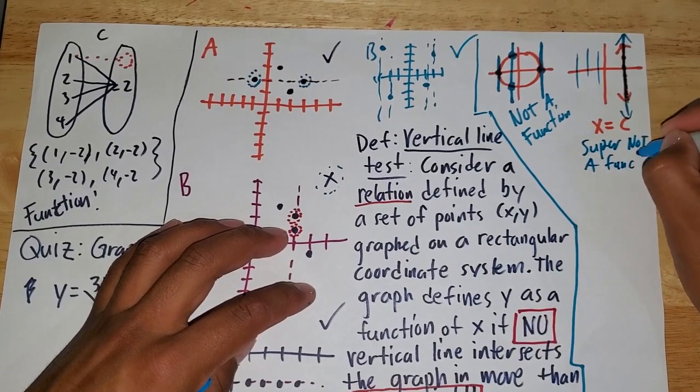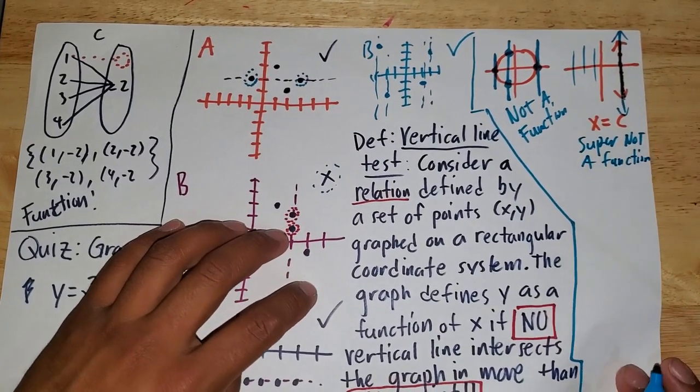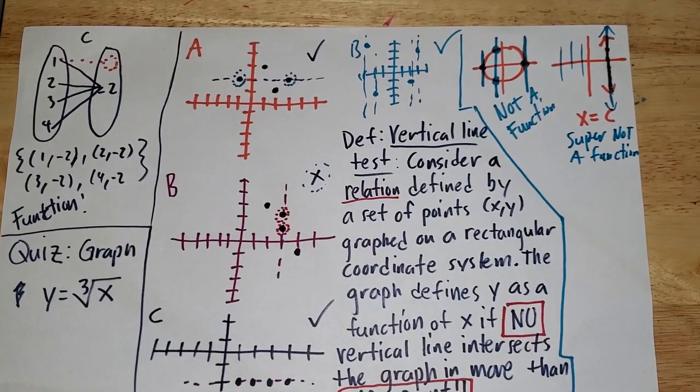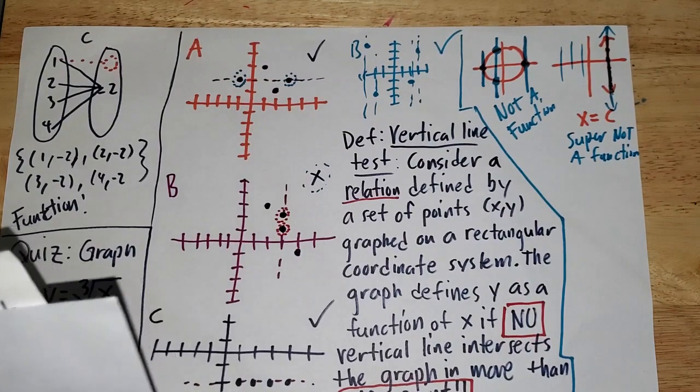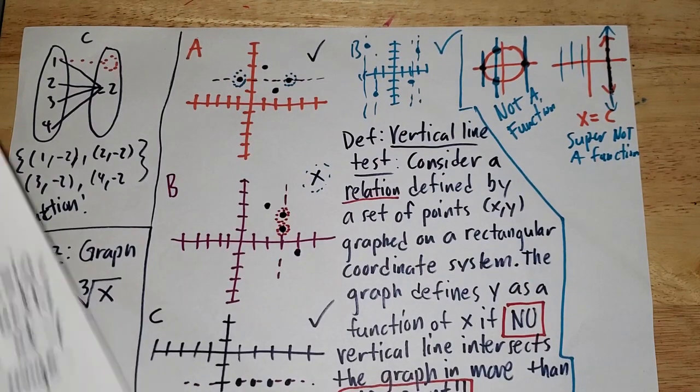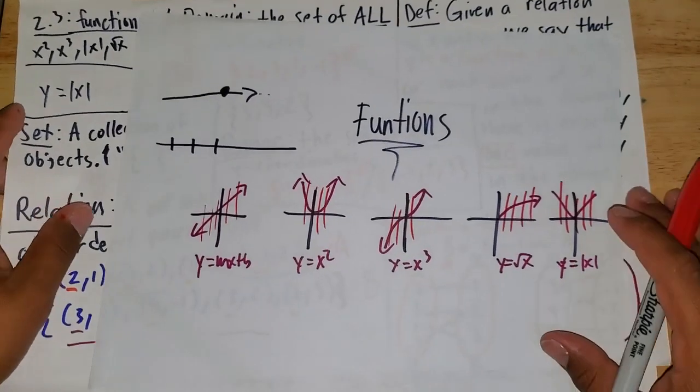Again, there's no such thing as super not a function, but this is just me exaggerating how it definitely has no chance of being a function because it intersects so many different times. So that's part of what this section is about, being able to identify which one of these are functions.